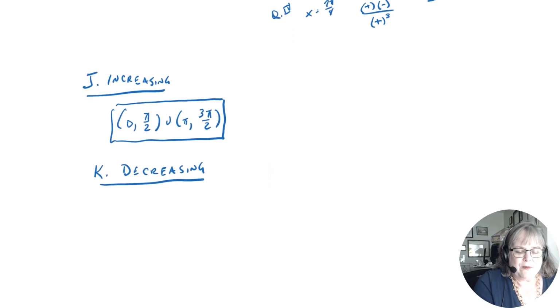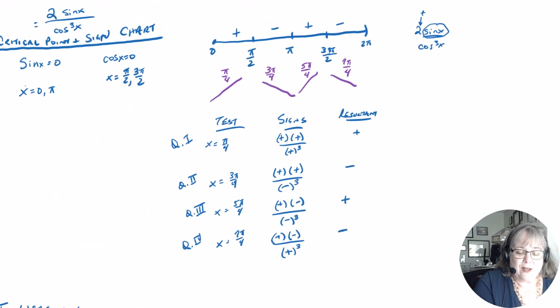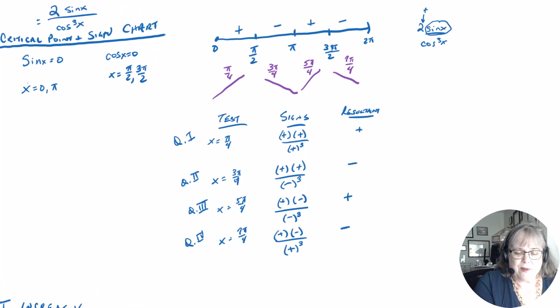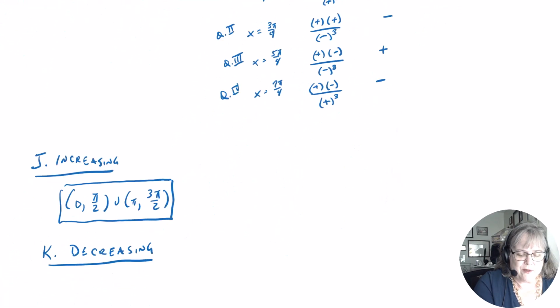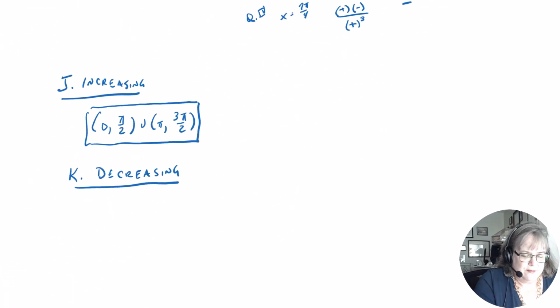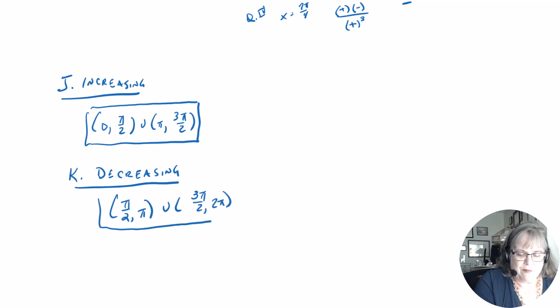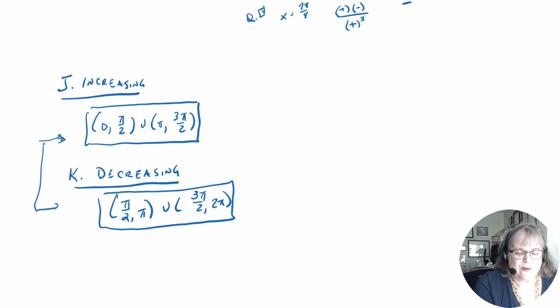Okay, so where is it decreasing? It is decreasing between pi over 2 and pi and 3 pi over 2 and 2 pi. And again, when you combine these things, looking them over, you should have that whole interval taken care of, represented.